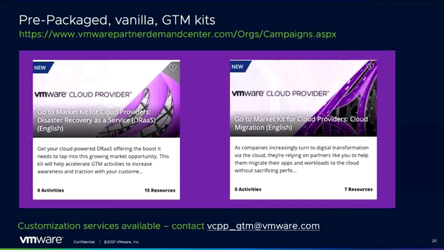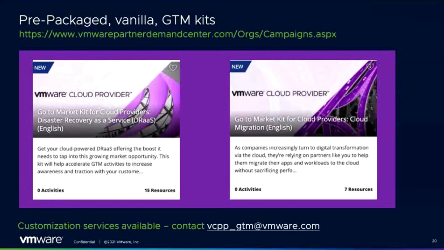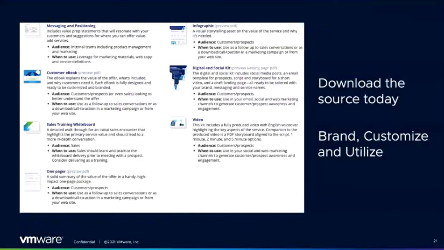You can use whatever works better. And there are some training materials and also one-pagers, slide decks, ebooks, videos, and others that can be branded and customized and used directly for your tenants. So you can have a unified messaging, and you can use everything that we already created as collateral.